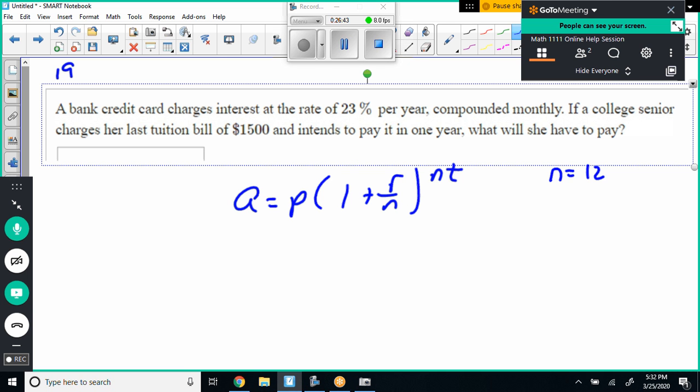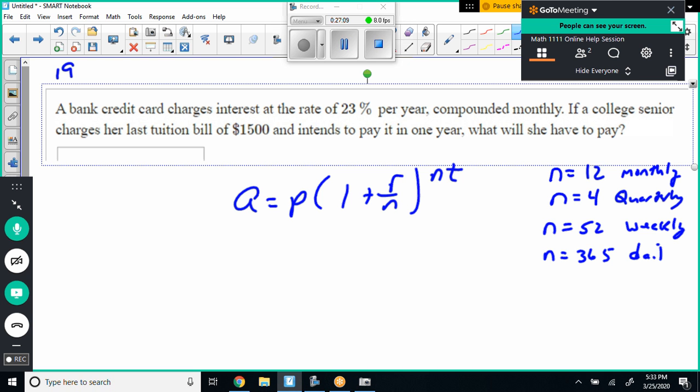So n is 12 if it is monthly. n is 4 if it is quarterly, there are 4 quarters. n is 52 if it is weekly. n is 365 if it is daily.